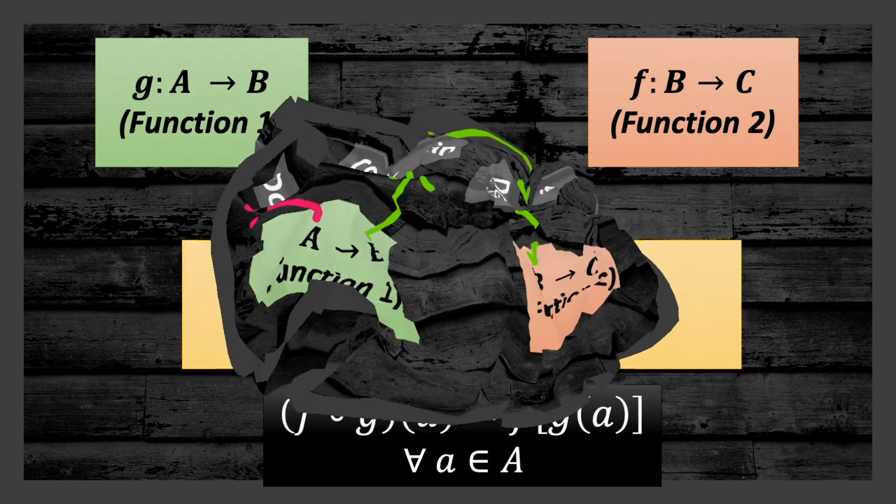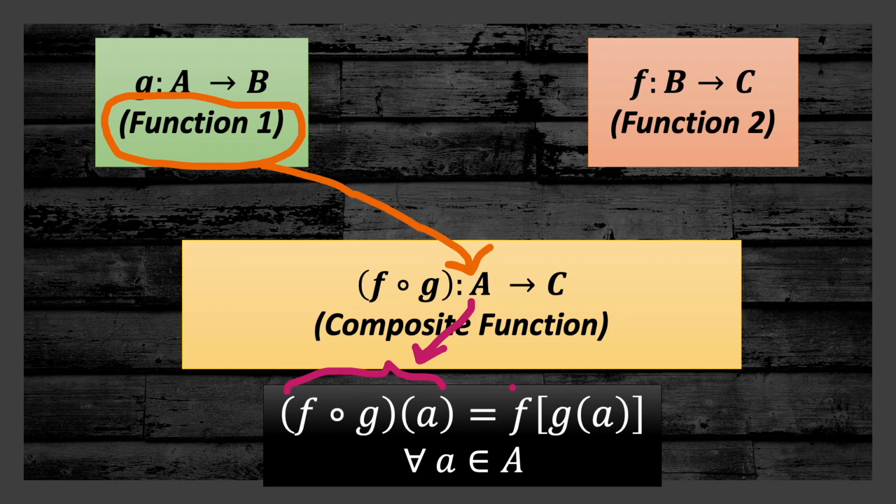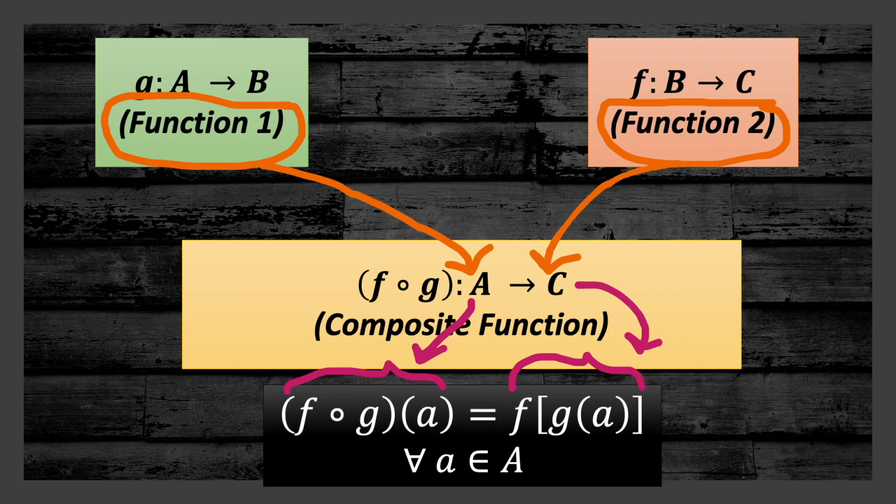To sum it up, a composite function denoted by f circle g is a function from A to C. Here, A, the input of the composite function, is the input of function 1 or g. And C is the set of outputs of our composite function we will obtain after we plug in B to function 2 or f.